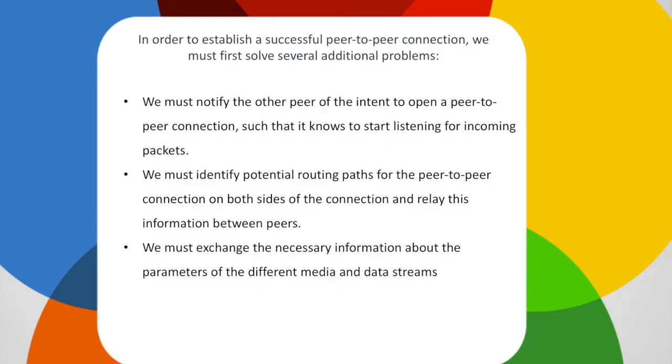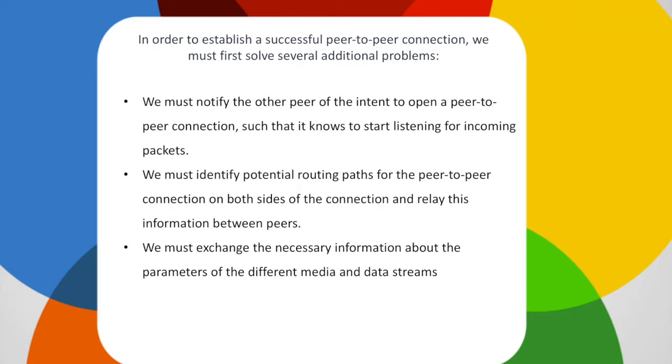In order to establish a successful peer-to-peer connection, we must first solve several additional problems. We must notify the other peer of the intent to open a peer-to-peer connection, such that it knows to start listening for incoming packets. We must identify potential routing paths for the peer-to-peer connection on both sides of the connection and relay this information between peers.